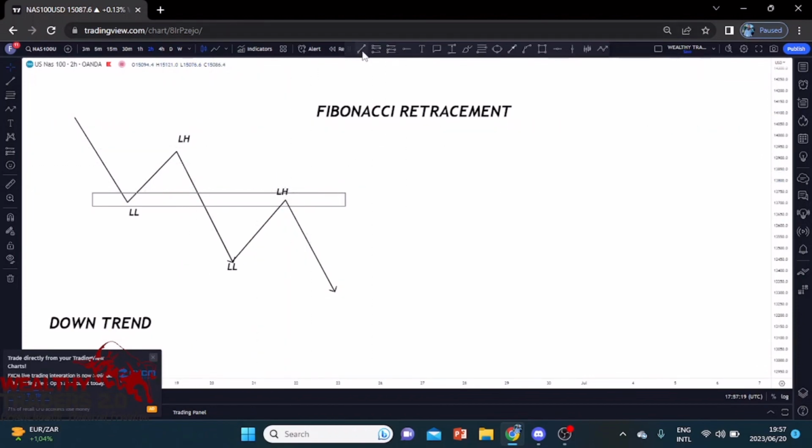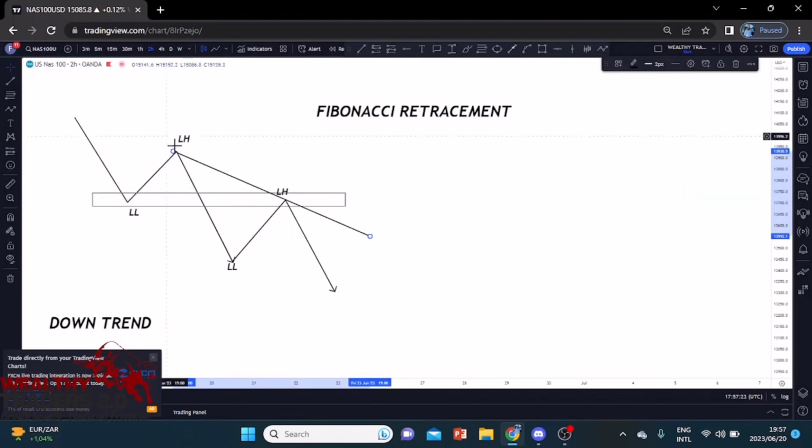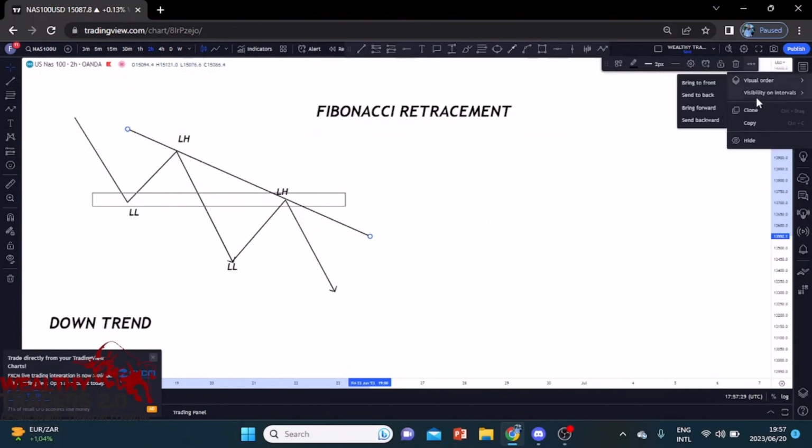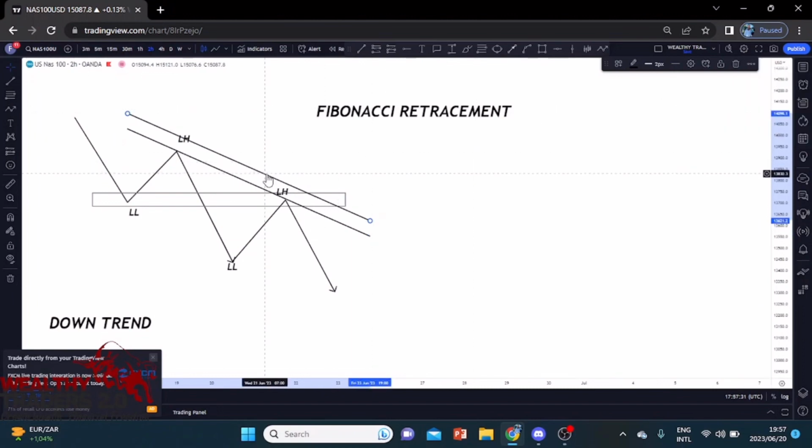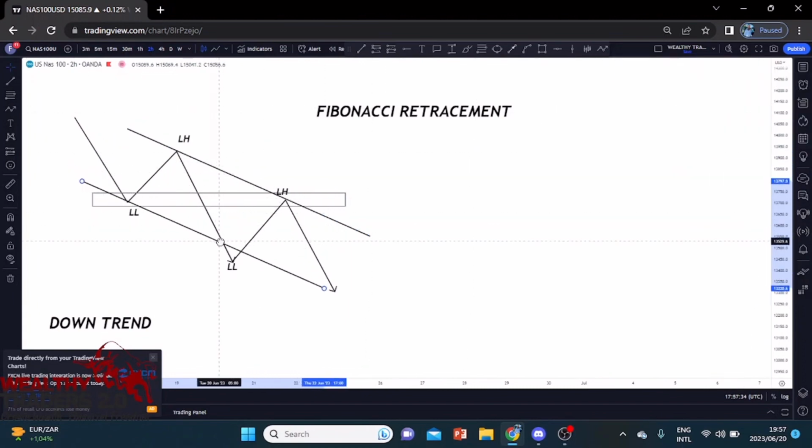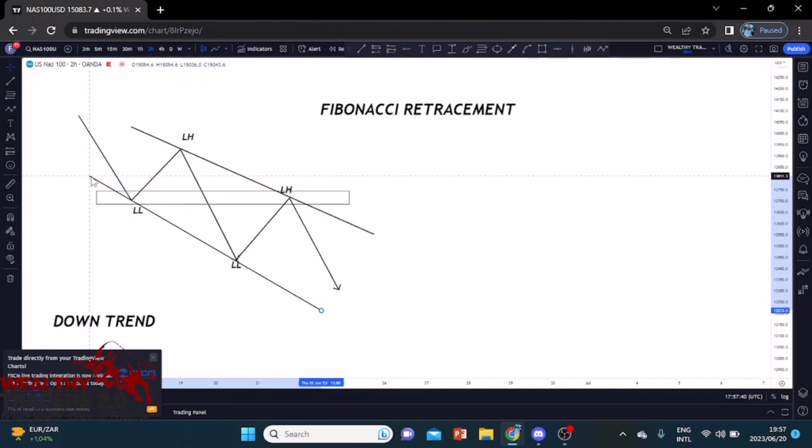So meaning even if you were using your trend lines, you are going to have a trend like this, which is a downtrend. Then in what we call our support trend line, we were going to have something like this.